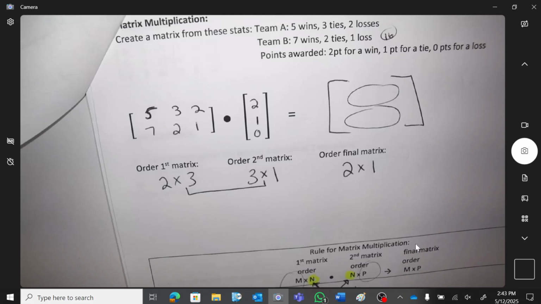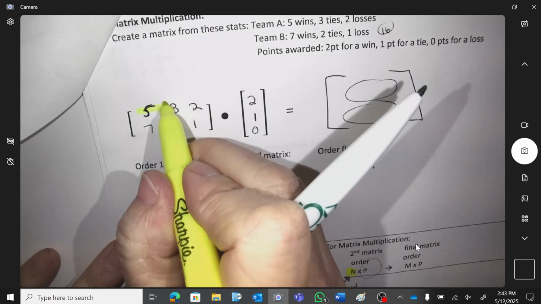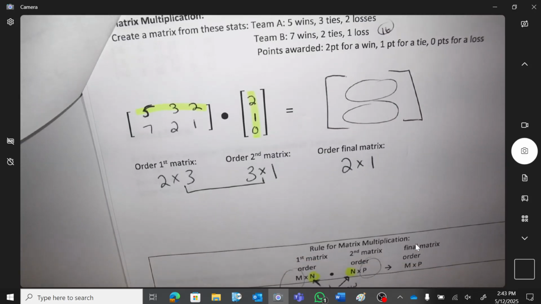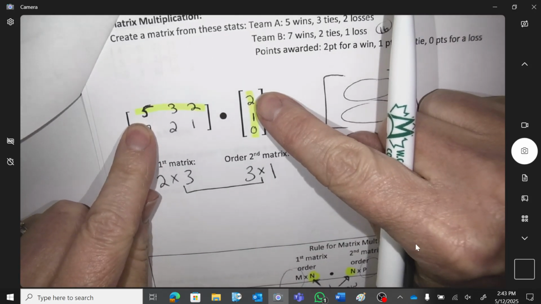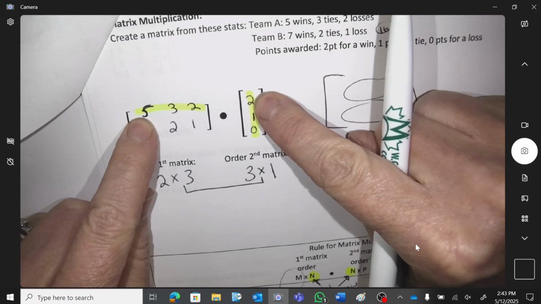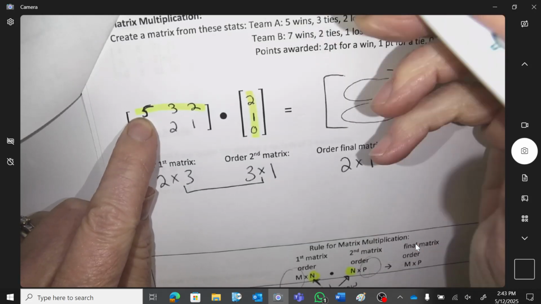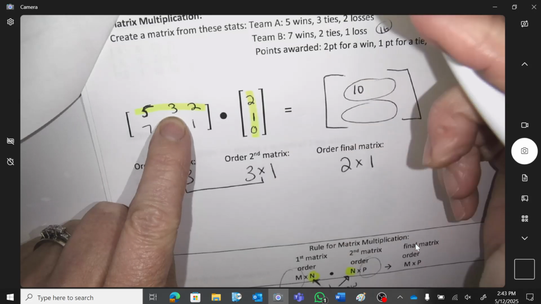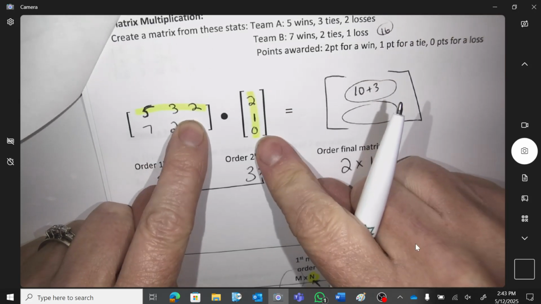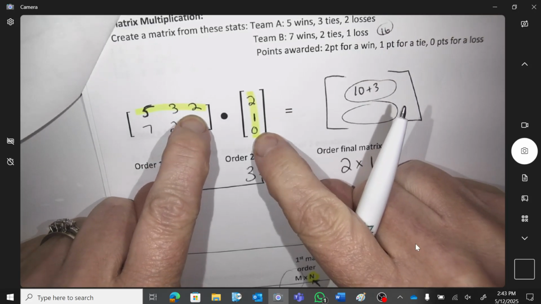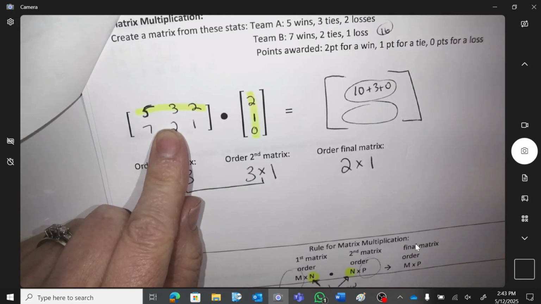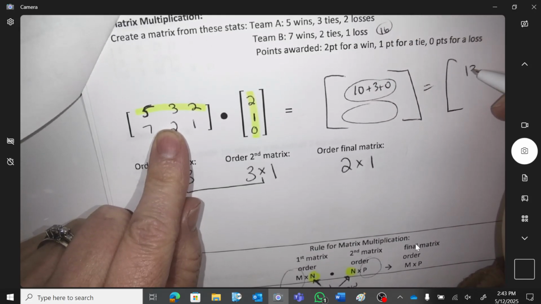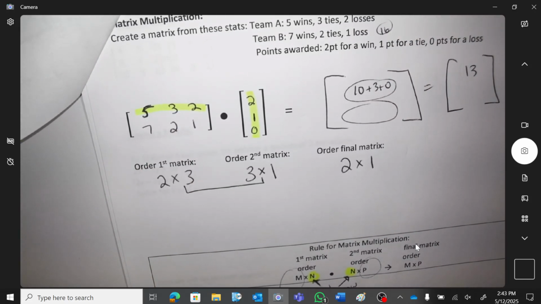Okay, so here's how we do it. Ready? You're going to multiply row 1 by column 1. So here we go. What is this times? 10. What's this times her? 3. So plus 3. And then this times her? 0. So that ends up being 13.